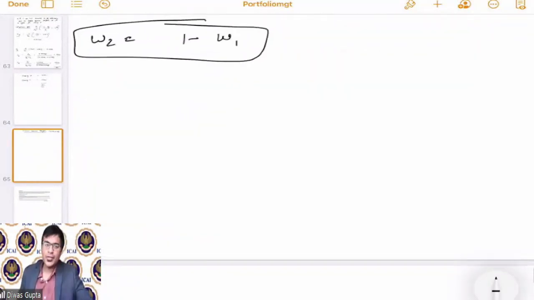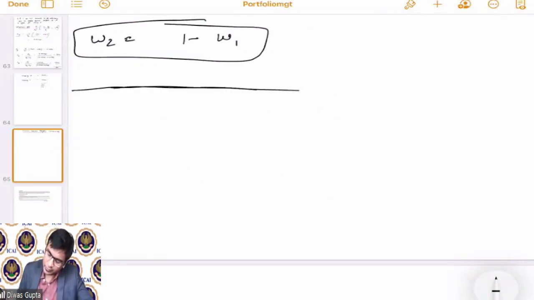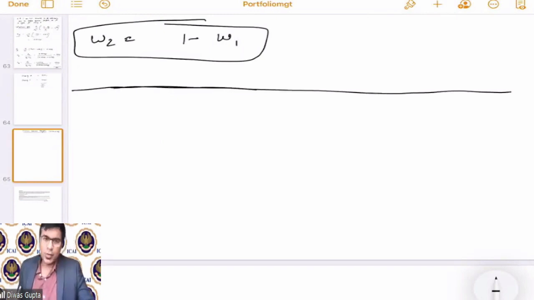Now, how this formula is derived, let me just spend 5 minutes on that. See, students, we know that for two securities, the risk is calculated using the Markowitz portfolio theory, in which the formula is given as follows.